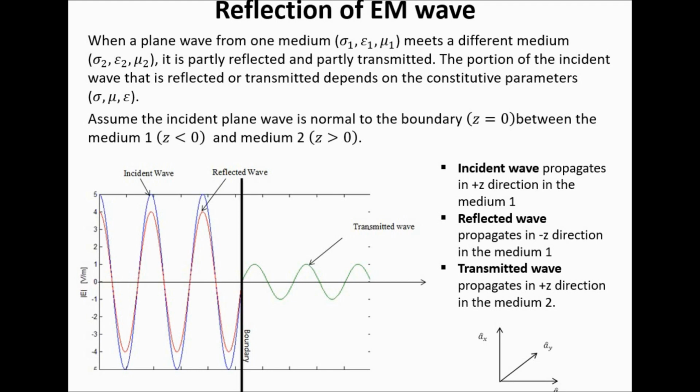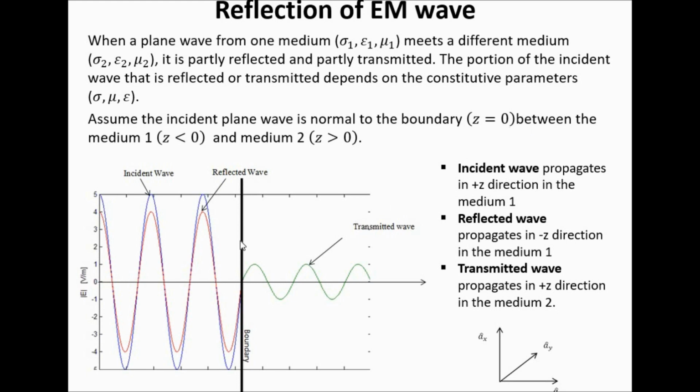Assume the incident plane wave is normal to the boundary between medium 1 and medium 2. Here medium 1 is defined as z less than 0 and medium 2 is defined as z greater than 0, and the boundary is at z equal to 0.